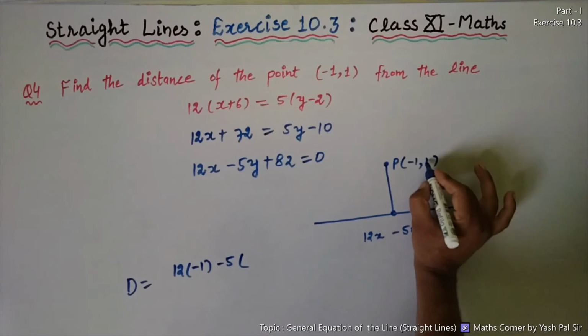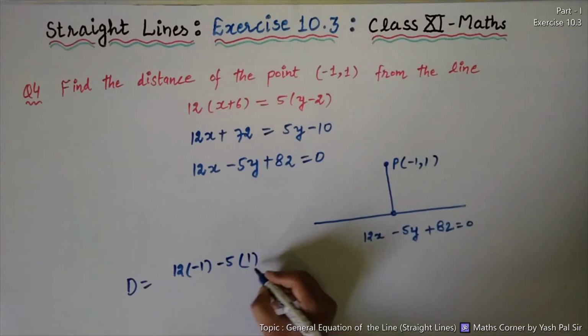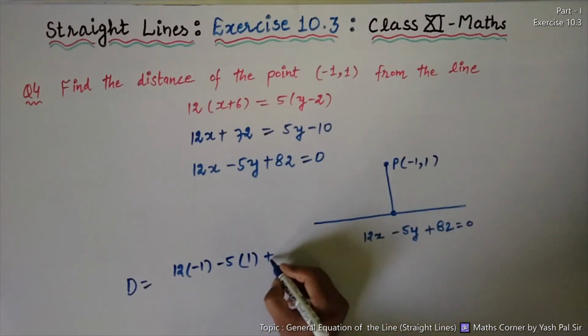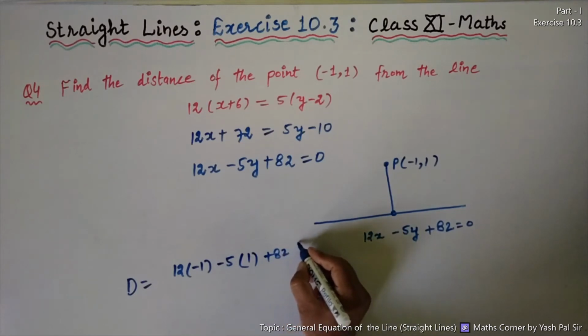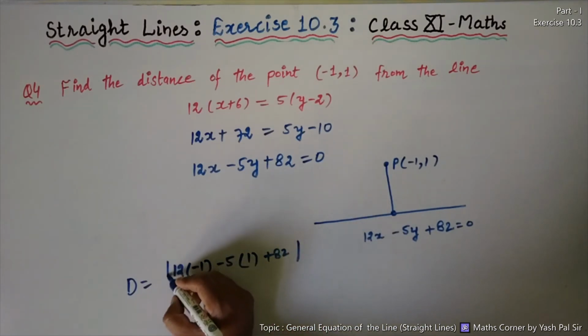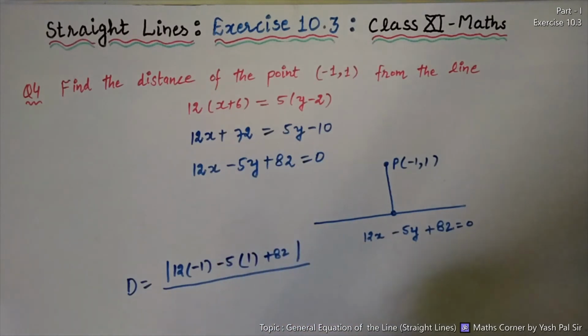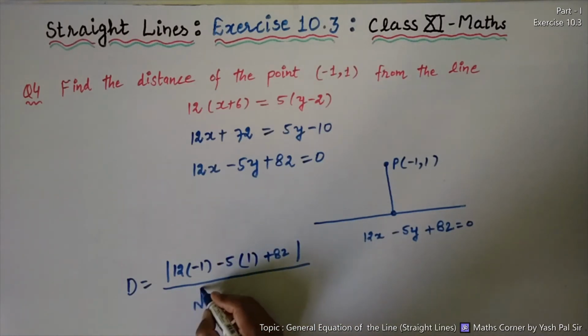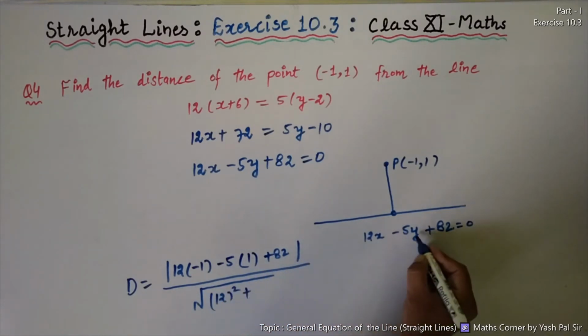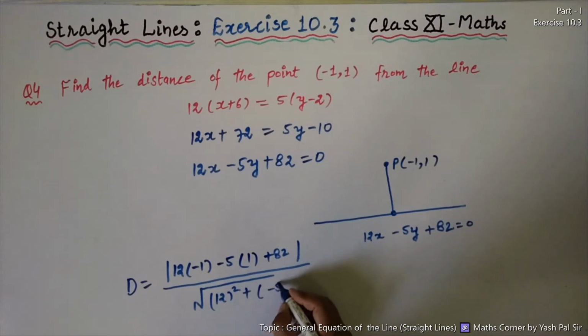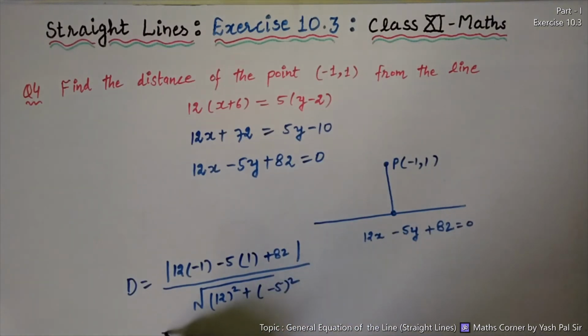Next, coefficient of y is minus 5, and in place of y we write the ordinate 1. Next is plus 82. To make the distance non-negative we put a modulus sign, divided by again the same thing: coefficient of x, 12, its whole square, plus coefficient of y, minus 5, its whole square, right?